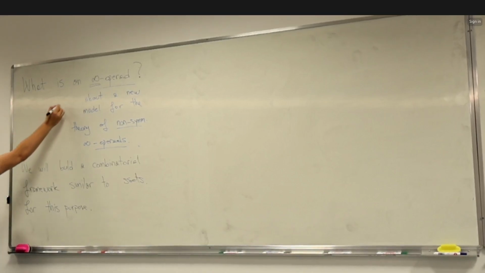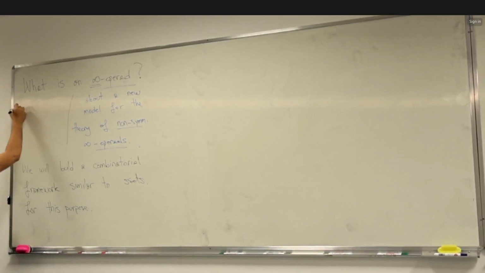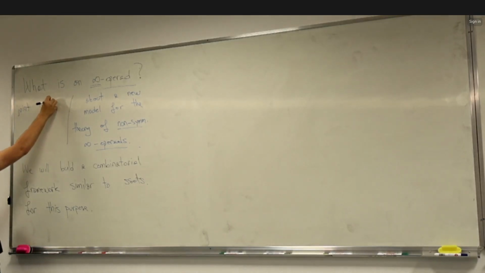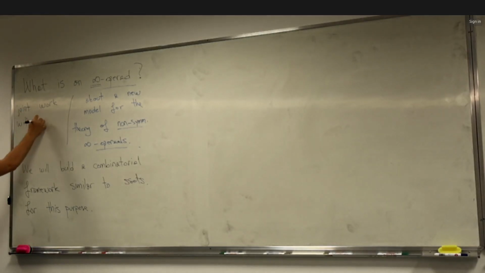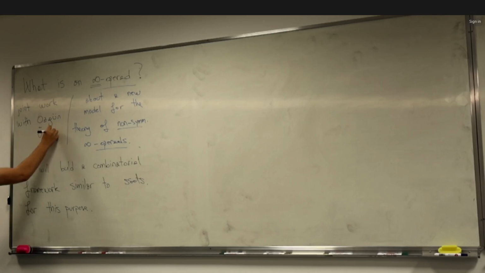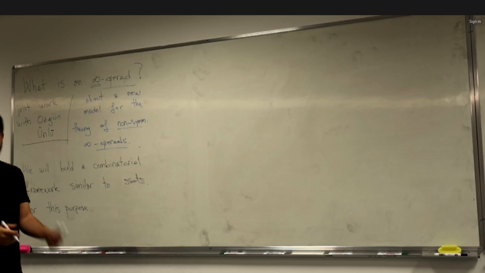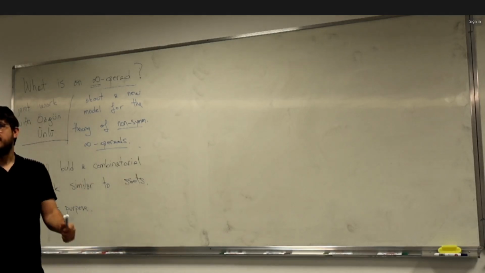And the other thing I want to preemptively say is that this is joint work. The paper is out recently with my former advisor, Özgün Ünlü. The paper is called Simplicial Lists in Operad Theory 1.